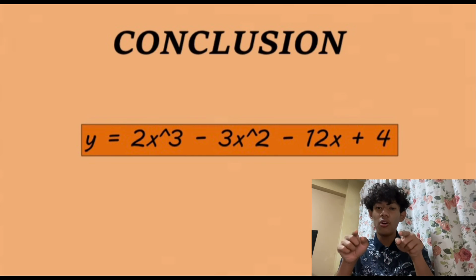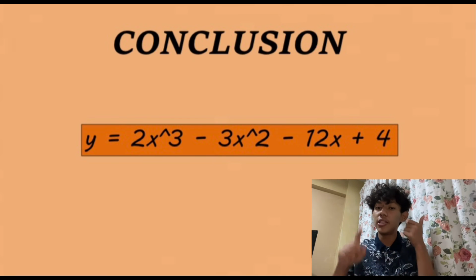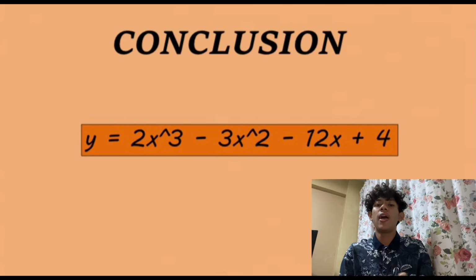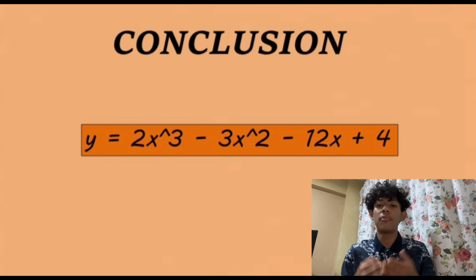For this question, we need to find the stationary points, maximum point, minimum point, intercepts, and finally sketch the graph for the equation y equals 2x to the power of 3 minus 3x to the power of 2 minus 12x plus 4.